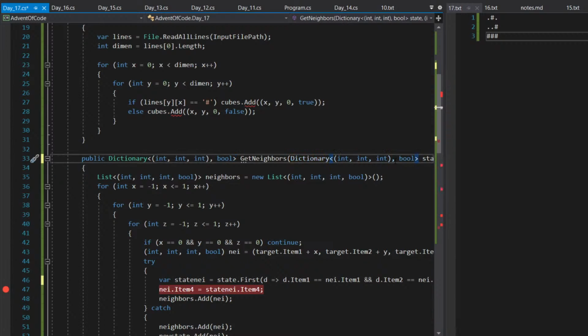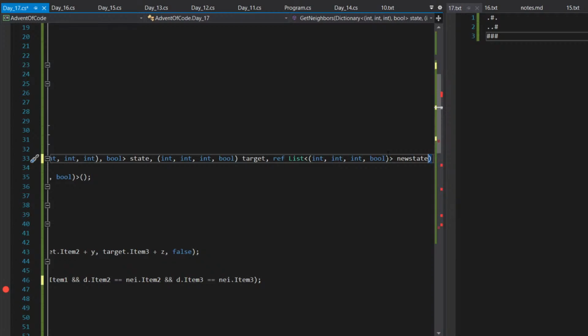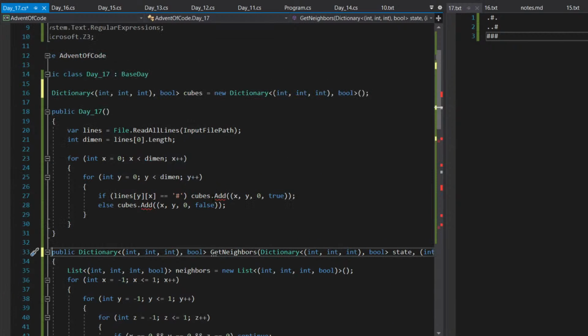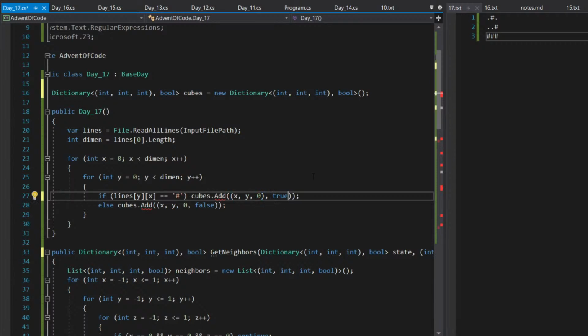Neighbor, state, new state. So basically the same thing, except cubes. I'm gonna add it like this.